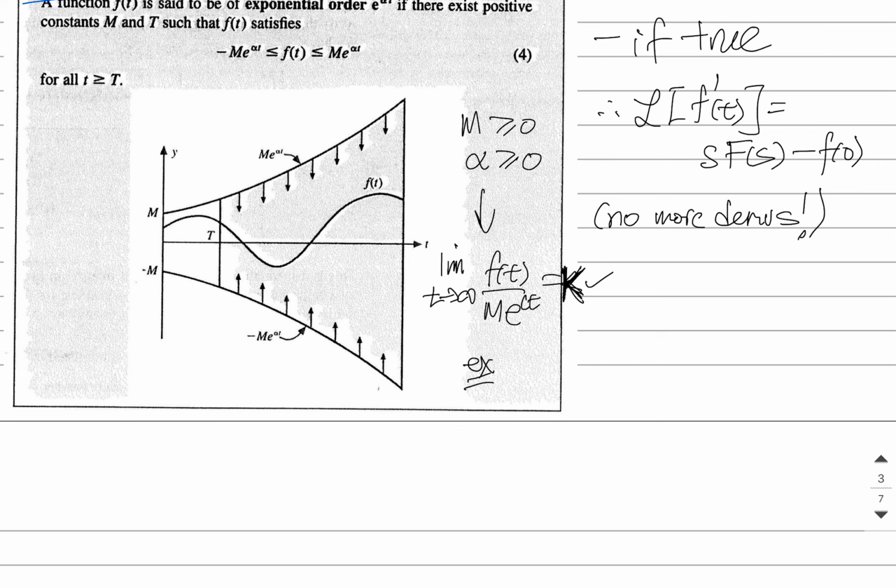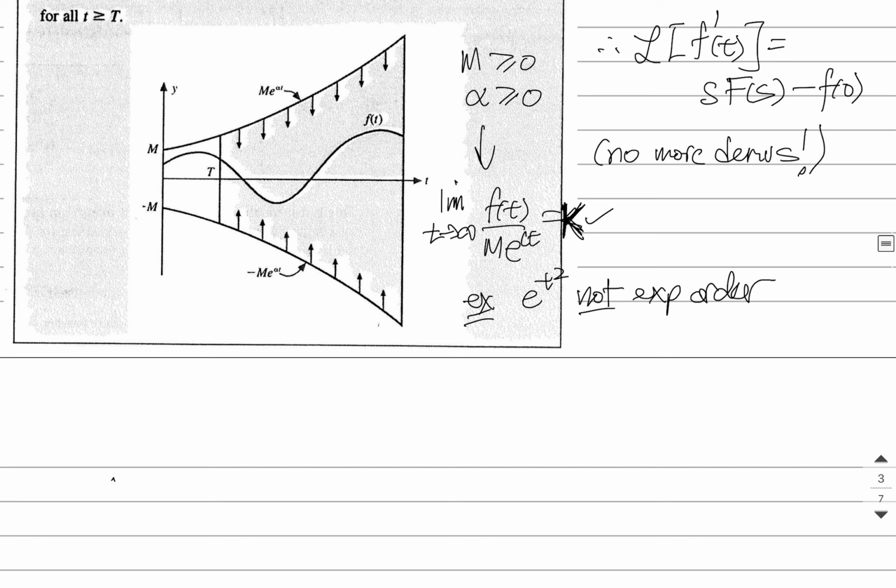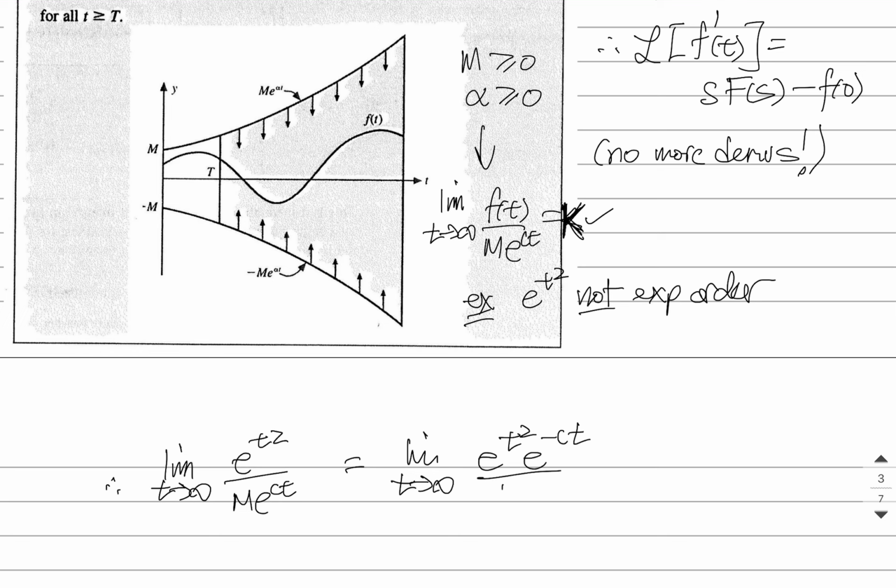Now, as a simple little example, the function e to the t squared is not of exponential order. And the reason it's not of exponential order is because if I take the limit of e to the t squared over some M e to the ct, I could evaluate this limit and think of it like this and say, okay, e to the t squared, e to the minus ct over some M, and this will be a limit here.